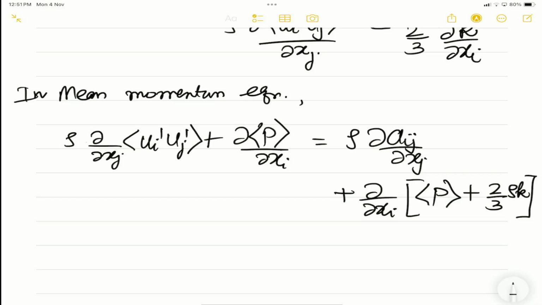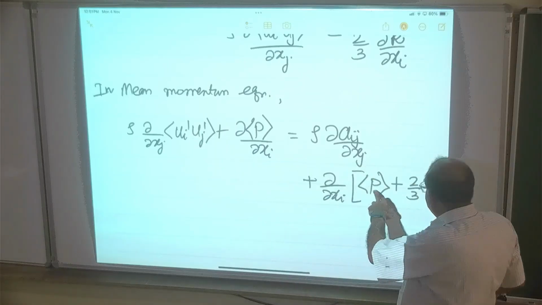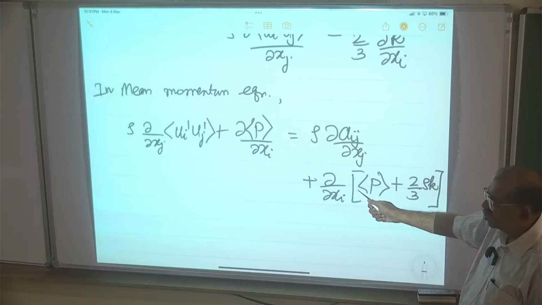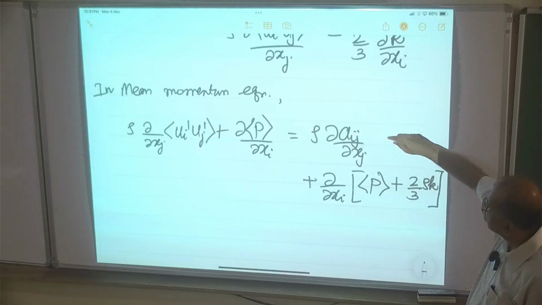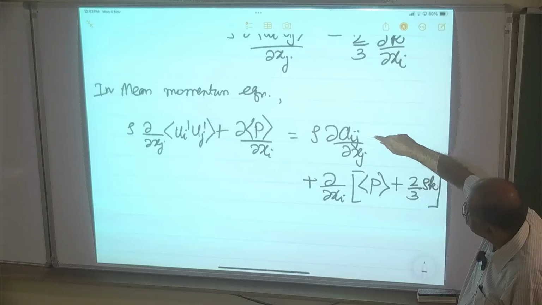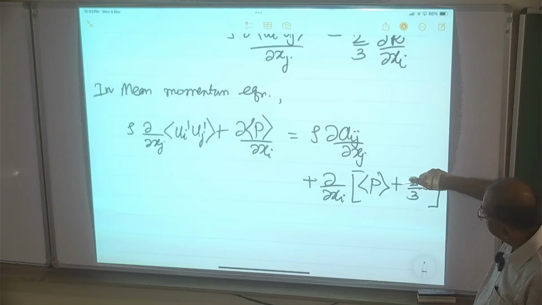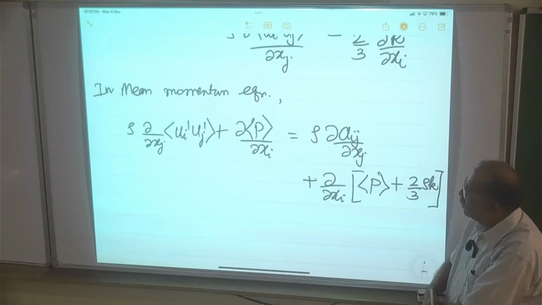basically what I'm trying to say here is the isotropic part can be clubbed with the pressure part, because pressure is also isotropic. What we are left with on the right hand side of the momentum equation is only the partial Aij by partial xj. The k part can be clubbed with the pressure, and this becomes a modified pressure.